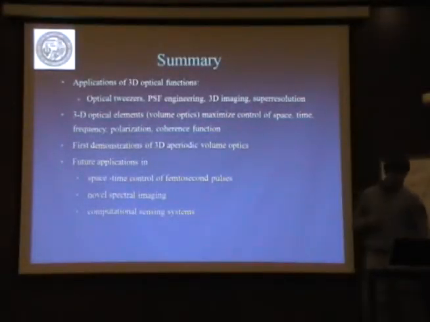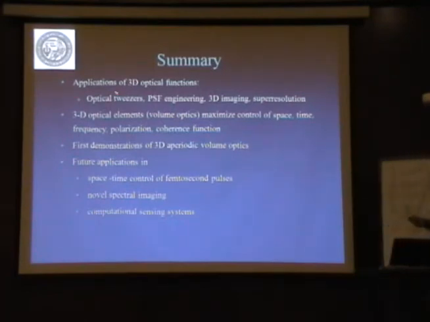Okay, so to summarize, I talked about three-dimensional optical functions. I talked a bit about optical tweezers, engineering of the point spread function in 3 dimensions. I'm going to talk in the next talks about imaging and super resolution. I talked about 3-dimensional optical elements, which we call volume optics.